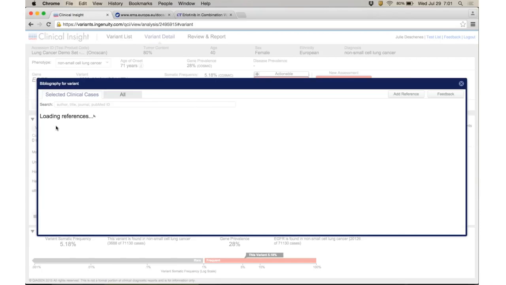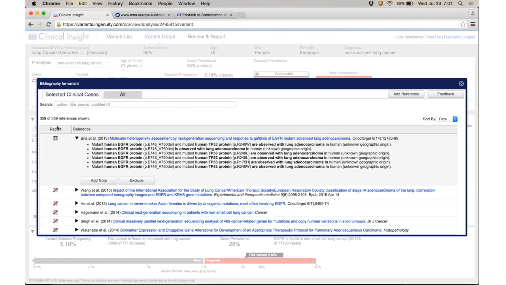Obviously, for the variation that I chose in EGFR, there is a lot of information. When you get in the section, we can see that at this time today there are 359 references. Please note that we are updating most of the content of Clinical Insight on a weekly basis, so this number will always be up to date and change.